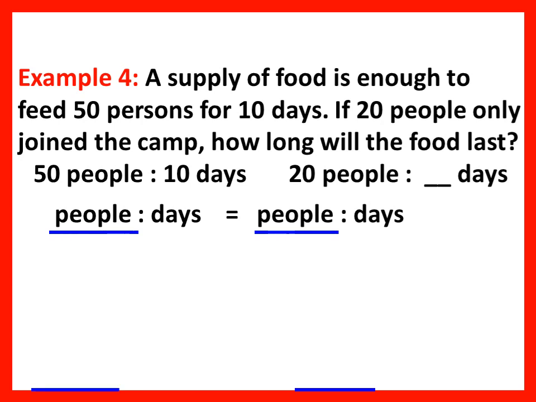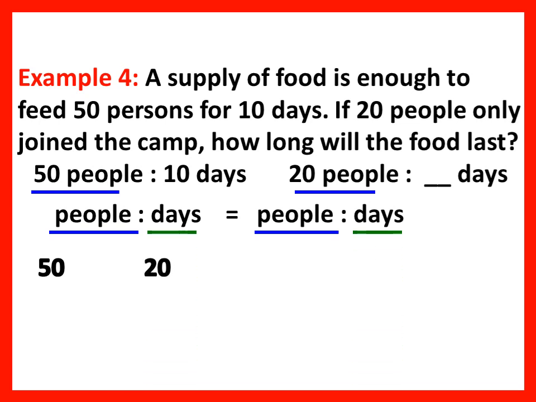For the number of people, we have 50 and 20. Then for the number of days, we have 10, then blank. So let us analyze. There are 50 persons that will share the food, and the food will last for 10 days.